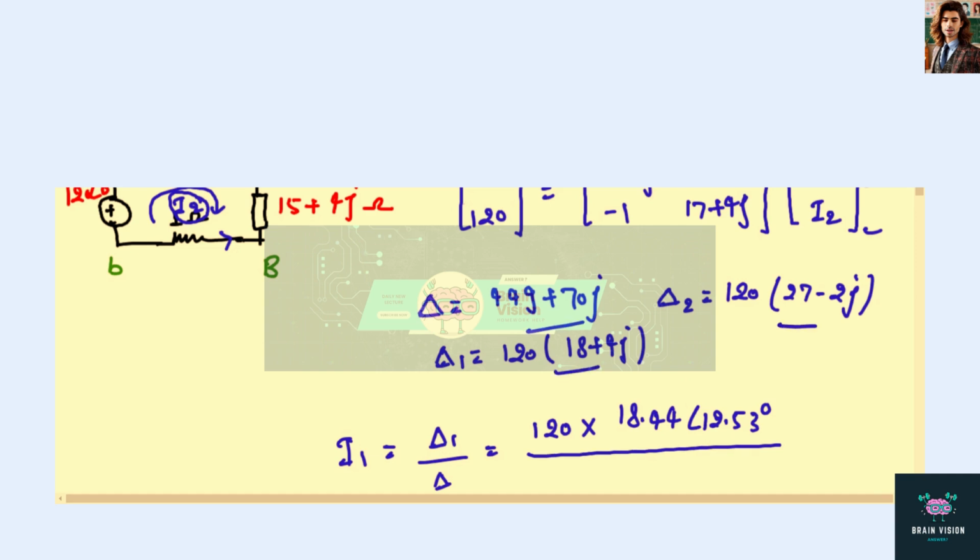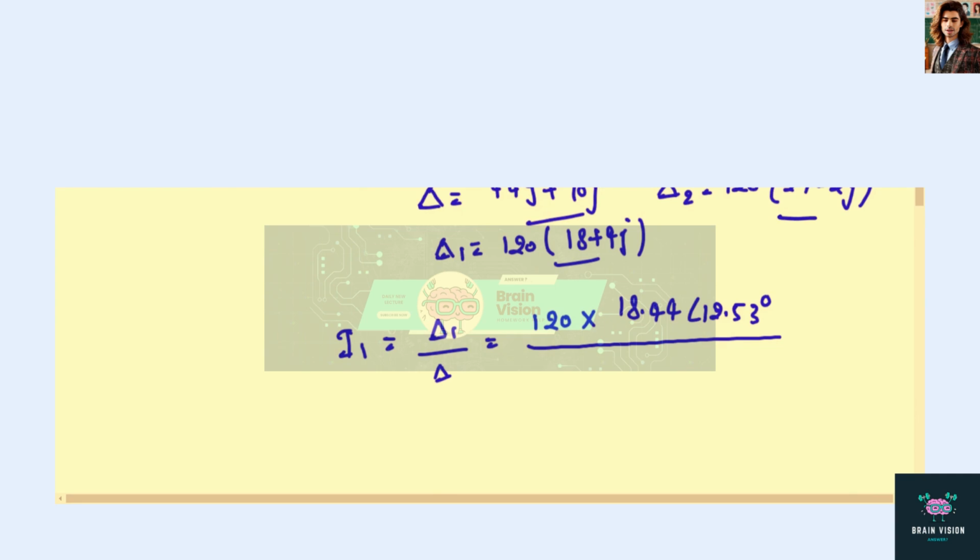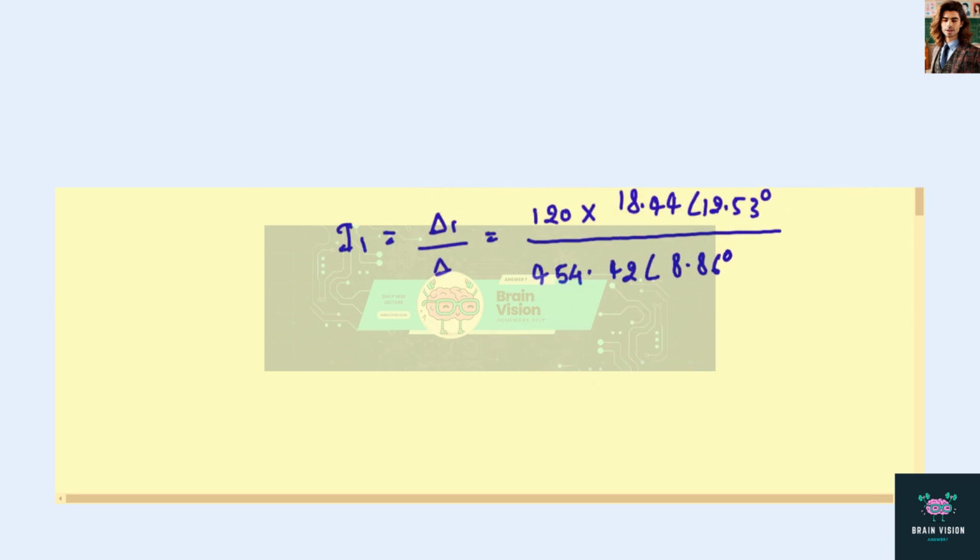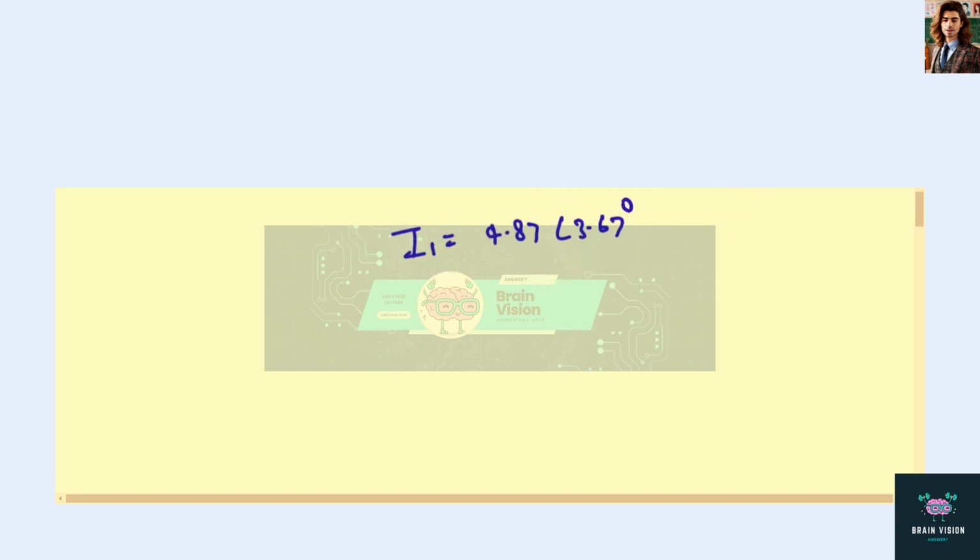The value of delta is 444.42 angle 8.86 degrees. So the final value of I1 will become 4.87 angle 3.67 degrees.